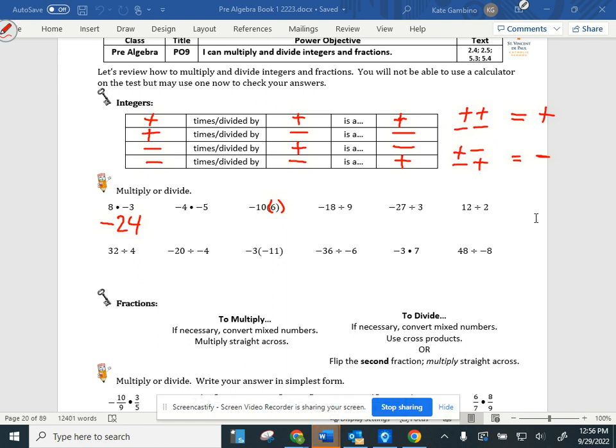Why do you think when we're working with positives and negatives, we end up with parentheses a lot of the time? Evelyn? It's easier to read. Let's look at this one. Negative 3 times negative 11. If we didn't have those parentheses, it would look like that.